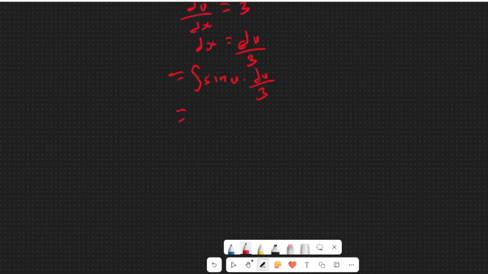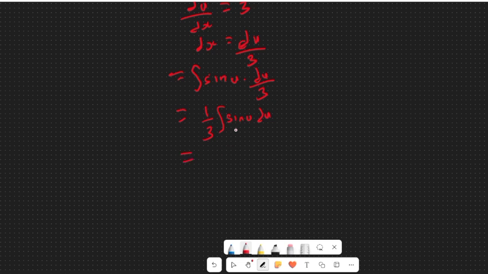If you continue like this, we are going to have 1 over 3 integral of sine u du.